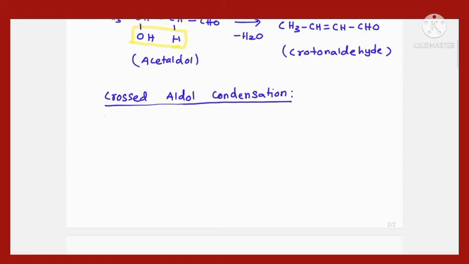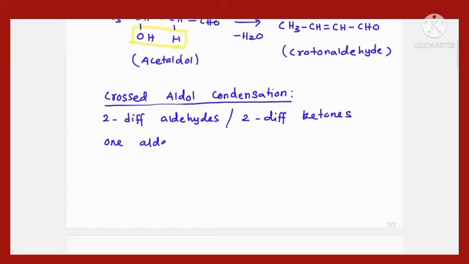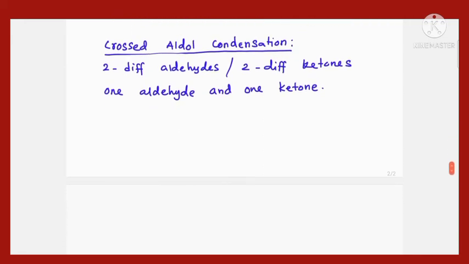If one aldehyde and one ketone are used, then that type of reaction is what we call crossed aldol condensation. Okay, right. Now I give the net reaction for crossed aldol condensation. This is the first example.